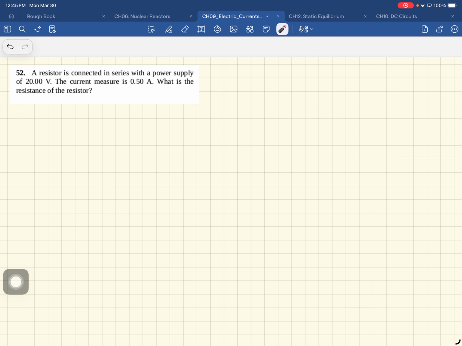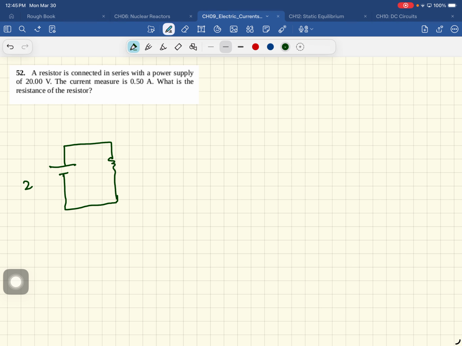All right, this problem says a resistor is connected in series with a power supply of 20 volts. The current measured is 0.5 amps. What is the resistance? Okay, so this is a fairly simple problem. Again, this is just Ohm's law. 20 volts.